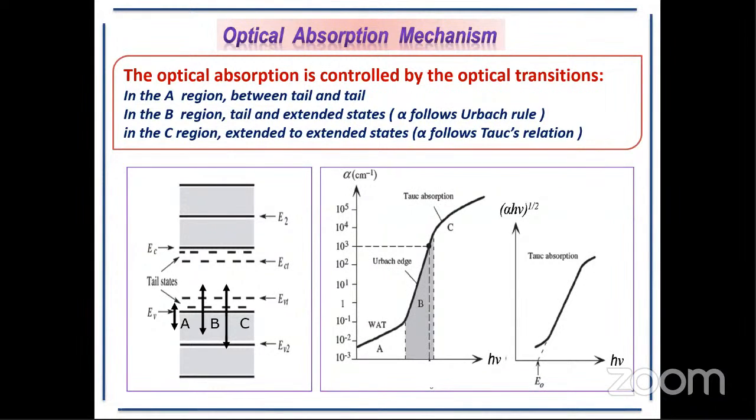In region B, the transition is taking place from tail to extended states, and in this case the absorption coefficient, alpha, follows the Urbach rule. However, in region C, where the transition is taking place from extended to extended states, alpha follows the Tauc relation.